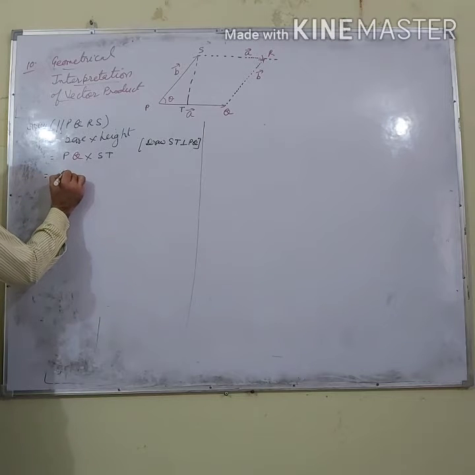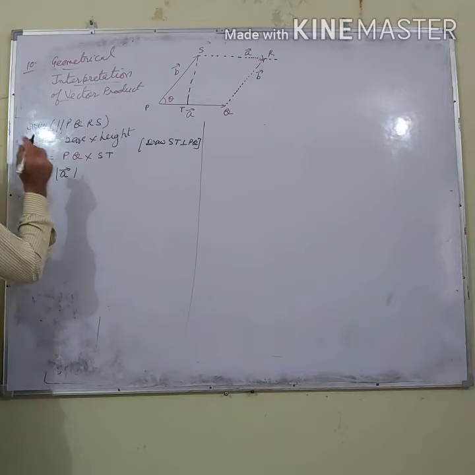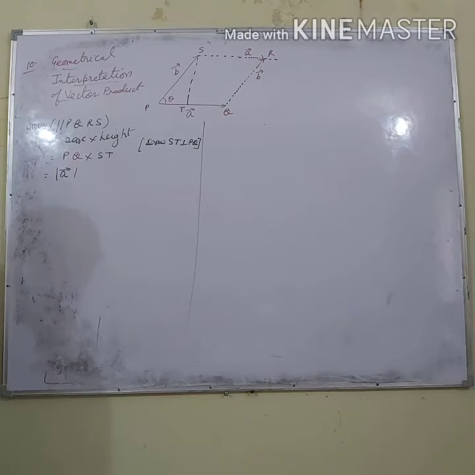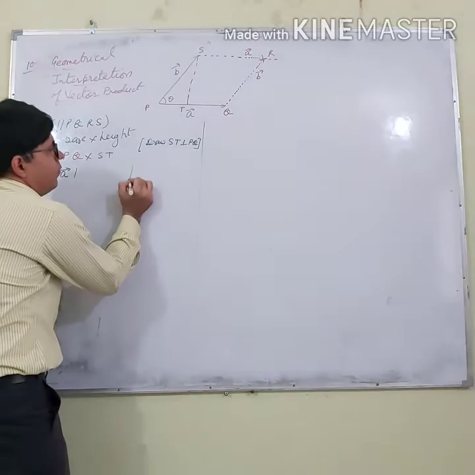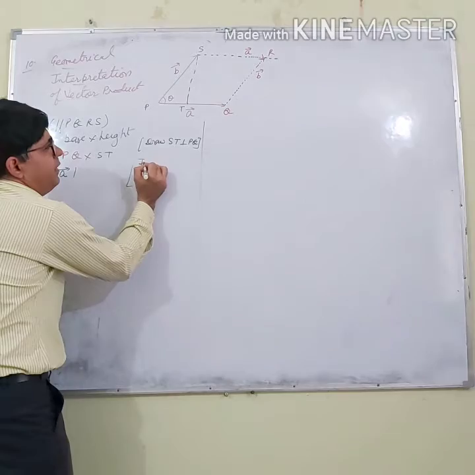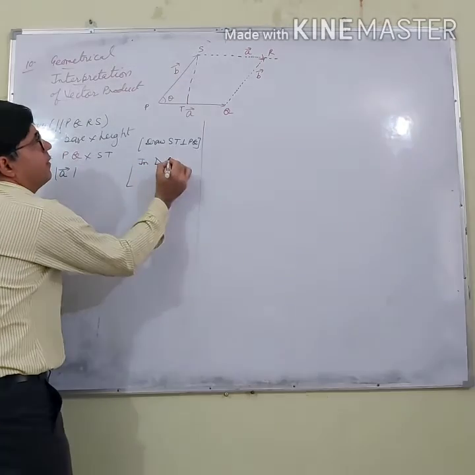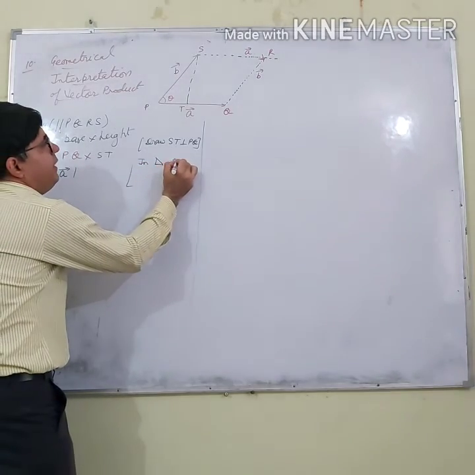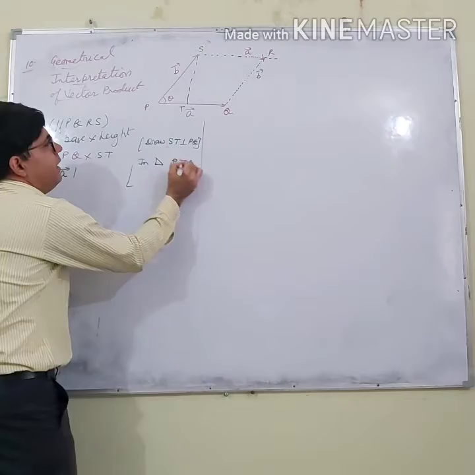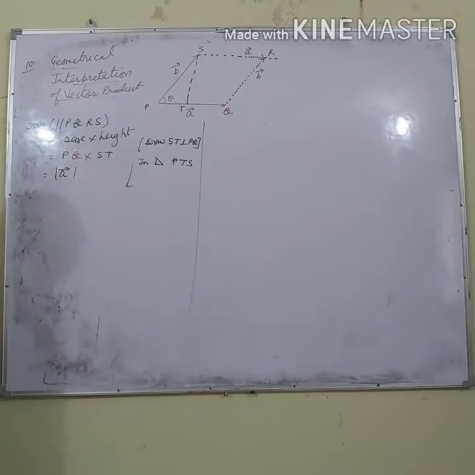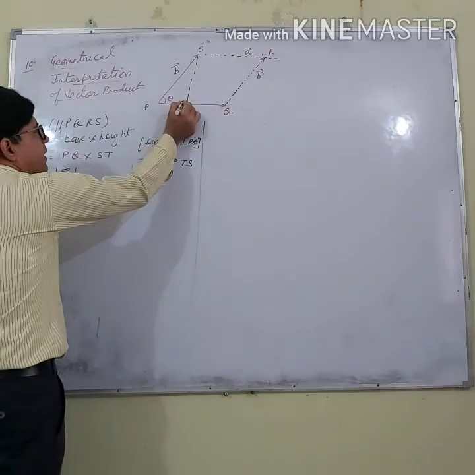PQ is the magnitude of vector A. What is ST? Now in triangle PTS, it is a right angle triangle, and this angle is 90 degrees.